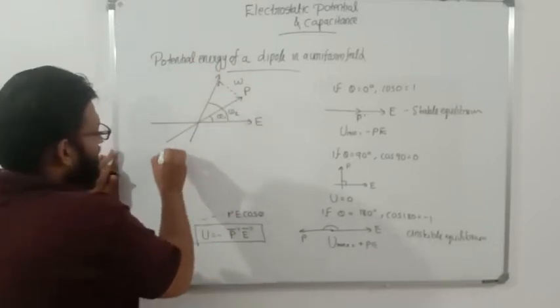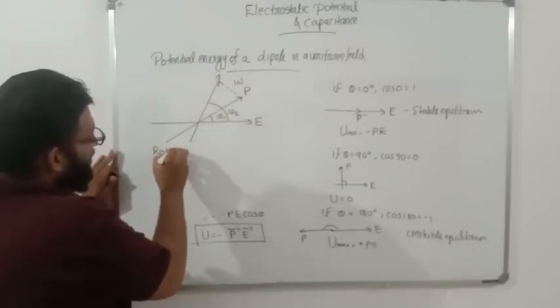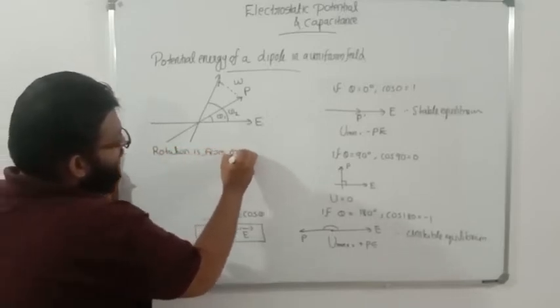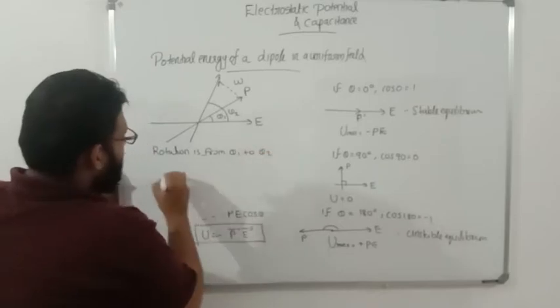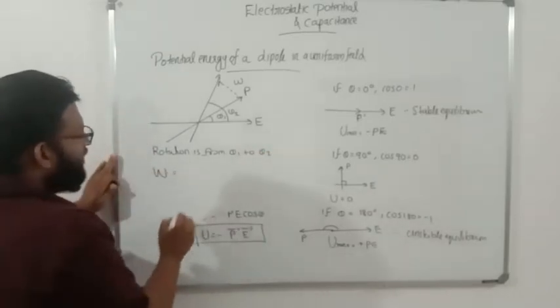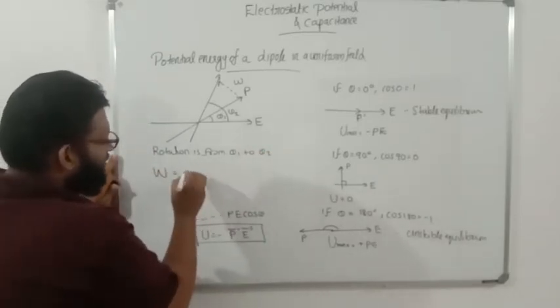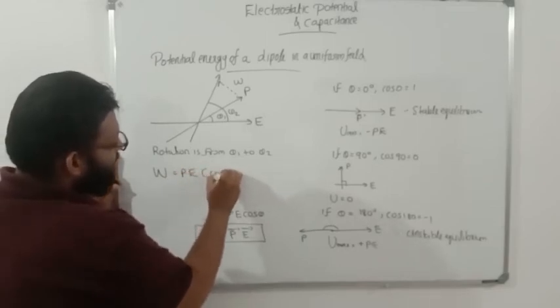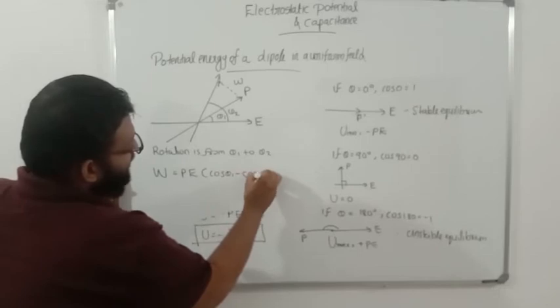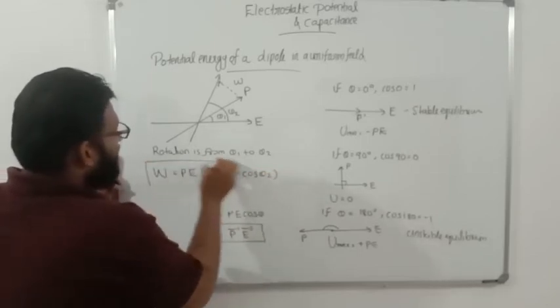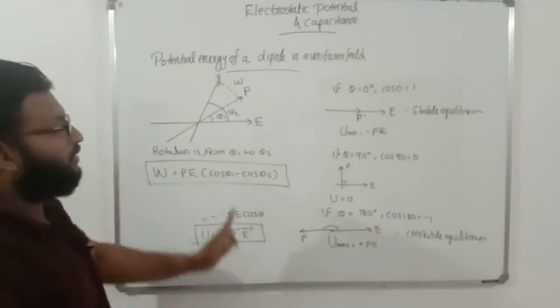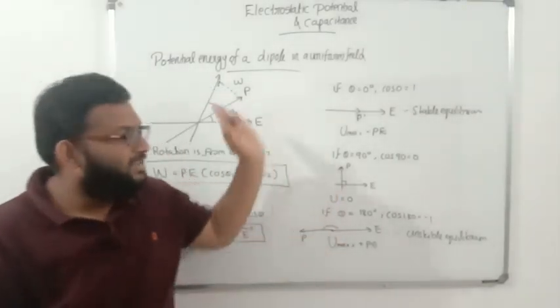So the rotation is from theta 1 to theta 2. Then the work done is given by, look here, a very easy idea, PE into cos of theta 1 minus cos of theta 2. This is the work done to rotate a dipole against the field from an angle theta 1 to theta 2. So please try to understand this idea. Okay.